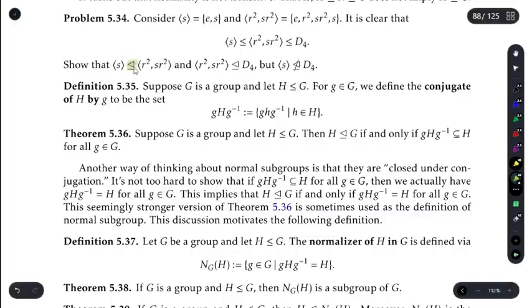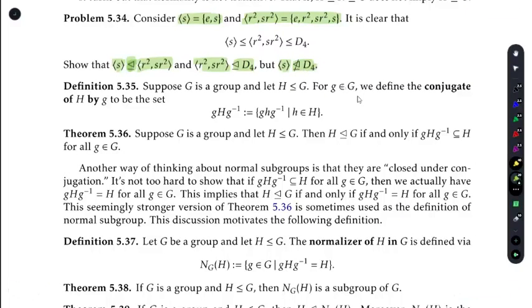You could have S, the subgroup generated by S, which has these elements, that is normal in the other subgroup listed here. I'm going to end up highlighting everything, I apologize. This other subgroup is normal in all of D4. But S, as you'll quickly discover, is not normal in D4.